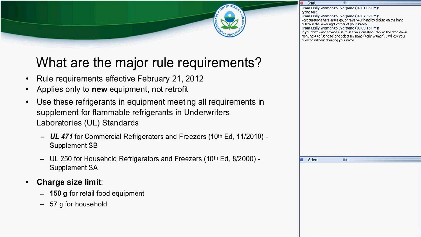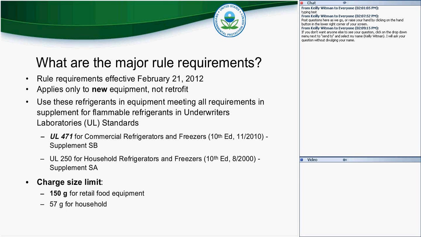Okay, do you foresee hydrocarbons ever being used in high-temp systems such as air conditioning? I could see that.